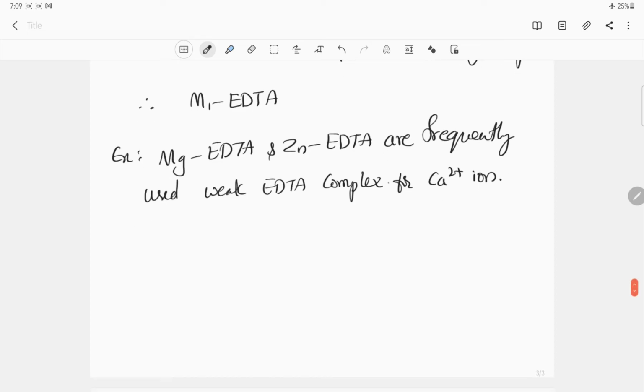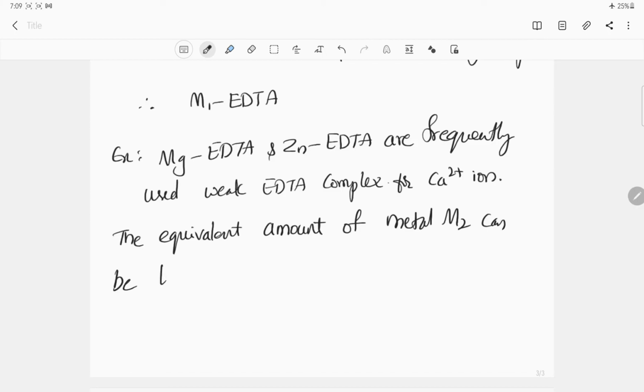The point to be noted is the equivalent amount of metal M2, means the weak metal which is freed from the weaker complex, can be titrated with standard EDTA solution.